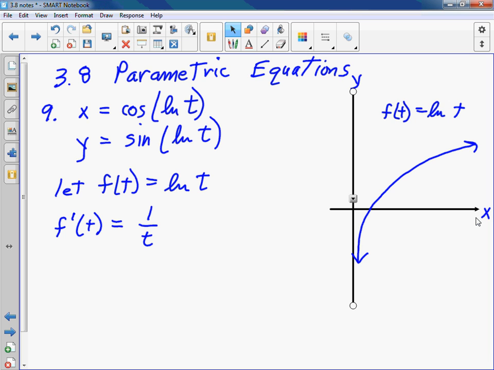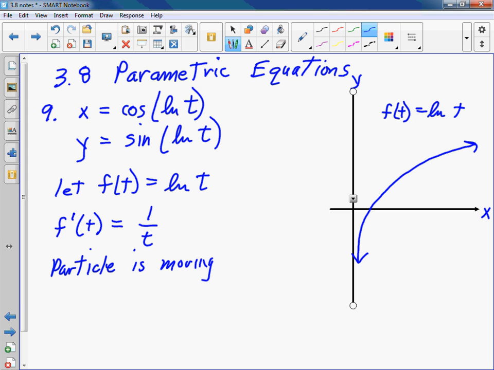So that kind of tells us what this particle is doing. Because we know that the particle is moving counterclockwise whenever the first derivative is greater than 0.